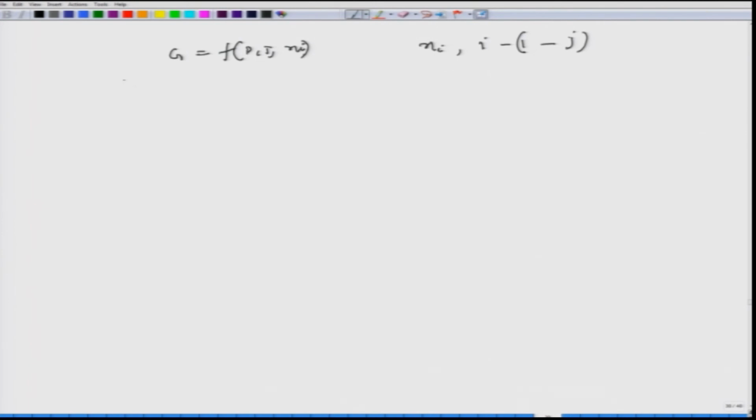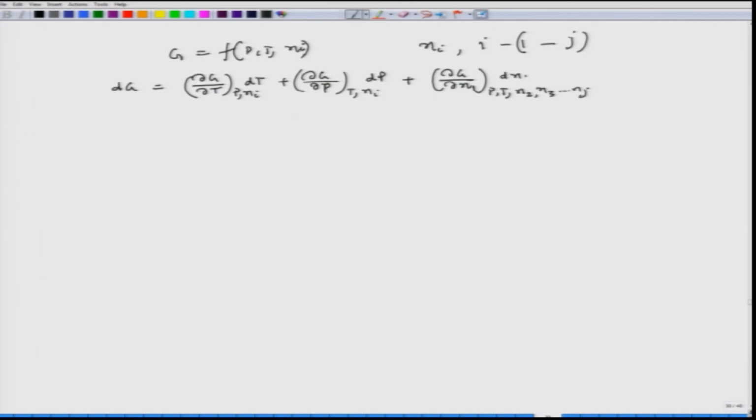Then I can write the partial derivative of G with respect to n 1 at constant P, T, n 2, n 3 up to n j, times d n 1.